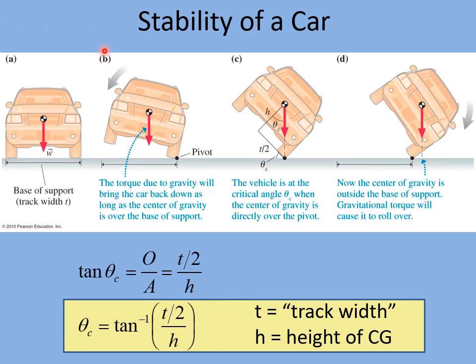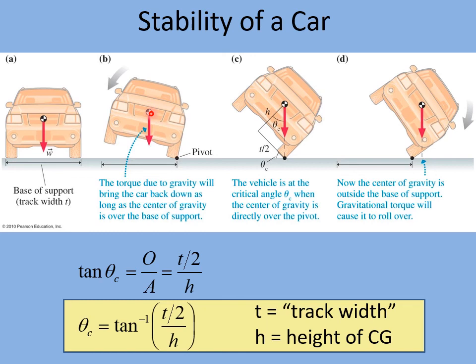So related to what we just talked about, we were dealing with stability of the human body, which is pretty cool and kind of fun to play around with. But there are other practical applications of stability and balance as well. For example, safety in an automobile is critical, and the stability of a car relies again on the fact that you want to have the CG over your wheelbase, the place between your two wheels here. So if we have a car that goes around a turn too fast, it may start to tip.